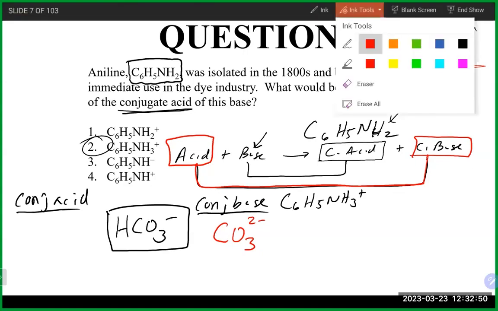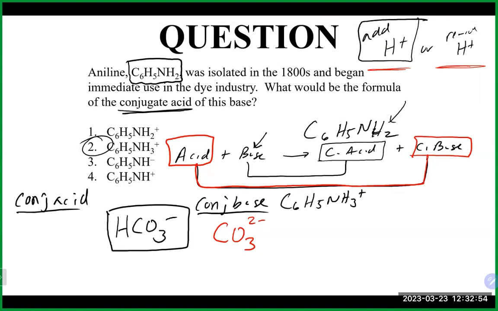Now, if we're going to do the guy on the left there, starting with the same guy, we're looking for the conjugate acid. Much like the previous example, if we follow the backwards thought process, what we are looking at in this case is going to act as a base. The definition of a base is somebody that will accept the H plus.